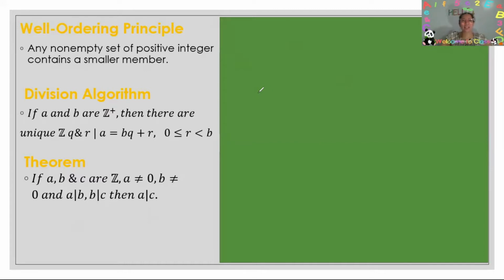Well-ordering principle: any non-empty set of positive integers contains a smallest member. So first we have here the division algorithm.